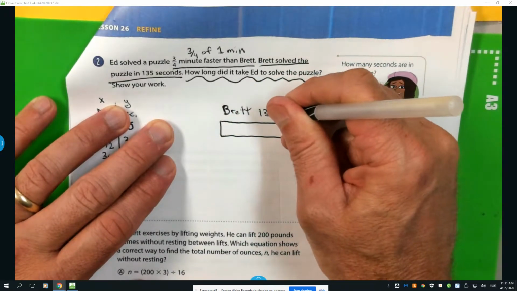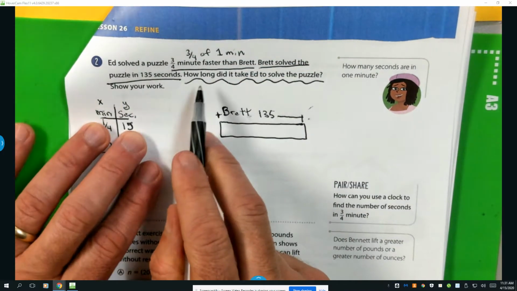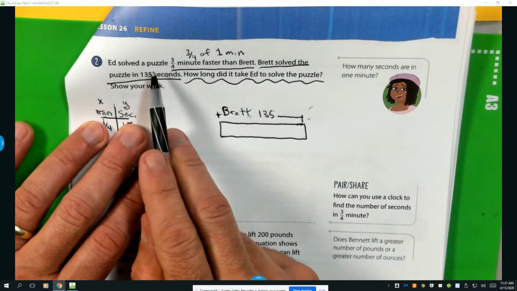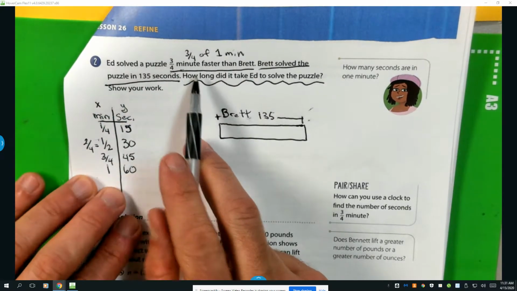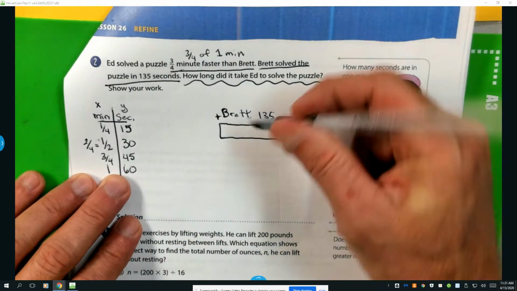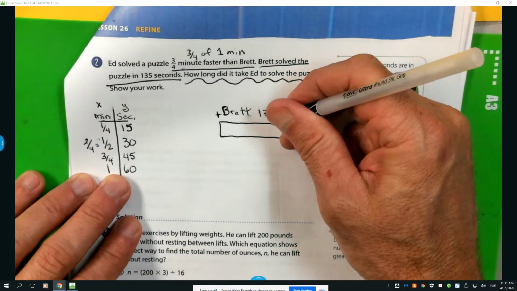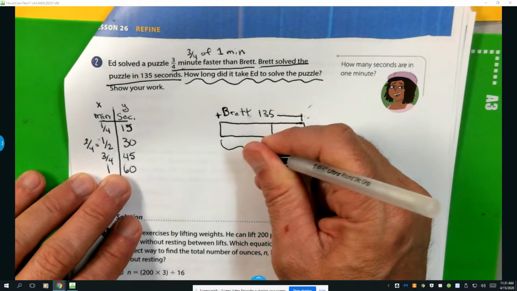That is from here to here. But I know that Ed solved it 3/4 of a minute faster. Well, 3/4 of a minute is 45 seconds. So this is how long it took Ed to solve the puzzle.